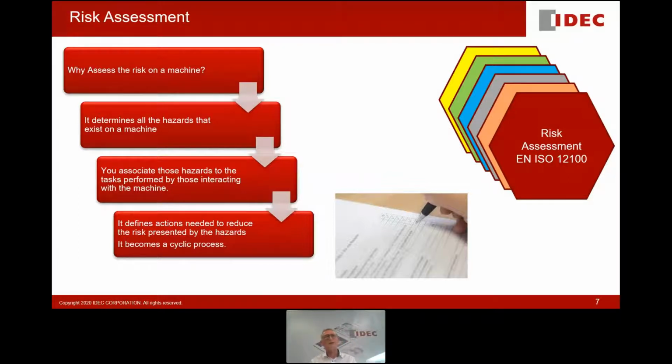We look at all of the tasks that the people are doing on the machine, and then we associate their interactions with those hazards and come up with a plan and define how we're going to reduce those hazards to an acceptable level. And that becomes a cyclical process. So risk assessment is the first step, and it is an essential step in order to make sure that you have identified everything you need to do at the beginning of this cycle.